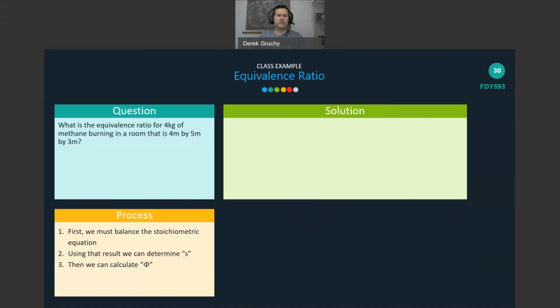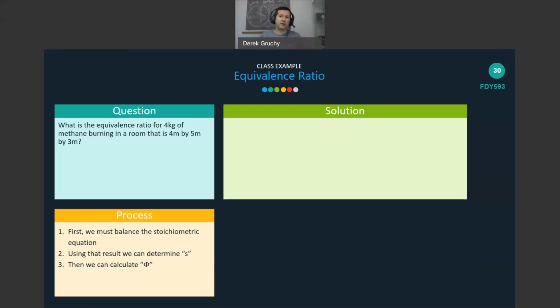So now let's find out what the equivalence ratio is for the methane that's burning. We said the equivalence ratio takes that stoichiometric ratio and compares it to the actual amount of fuel and air that we have in the room. The stoichiometric ratio is the perfect amount of fuel and perfect amount of air, such that after combustion, all of them are completely consumed, so we don't have any fuel or air left over, just the products afterwards.